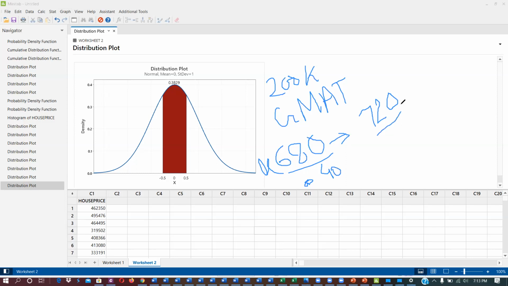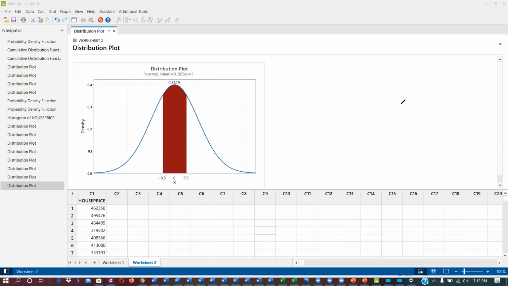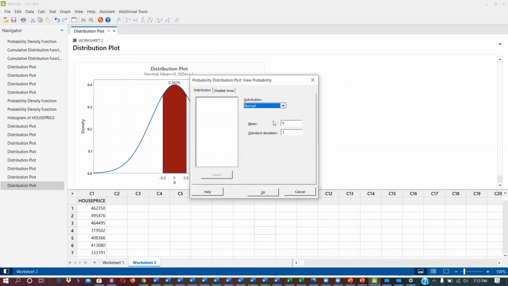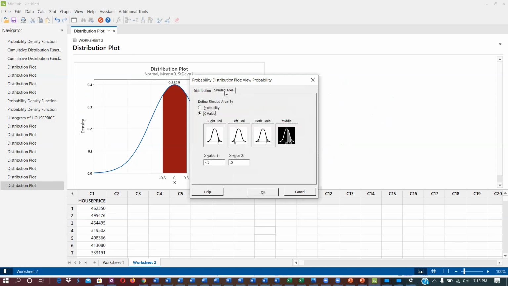So I'm just going to go to graph, probability distribution. Now I put the mean here, 680. Now I would like to know the area.